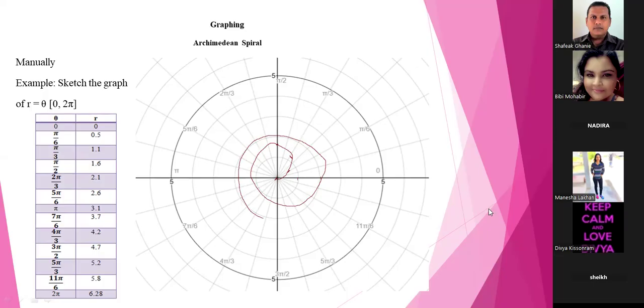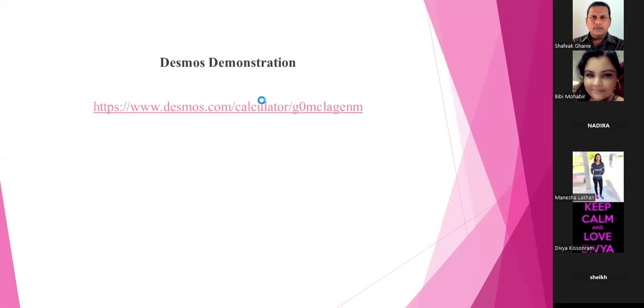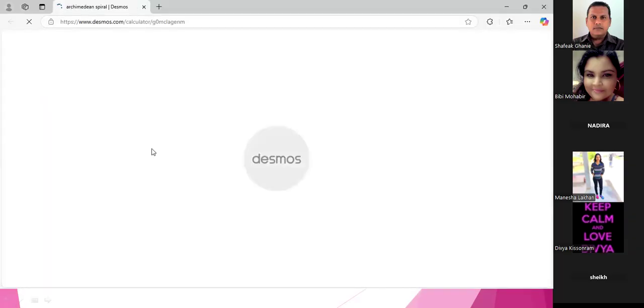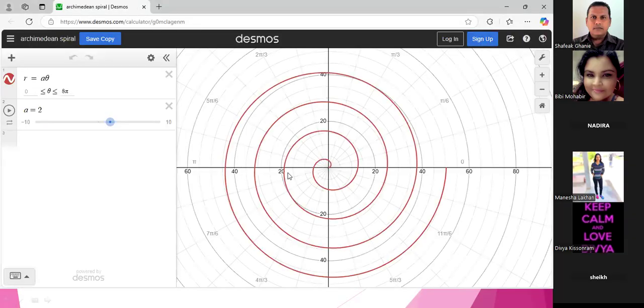Now, we can also graph it using Desmos to show you how exactly the spiral will look like. Good.